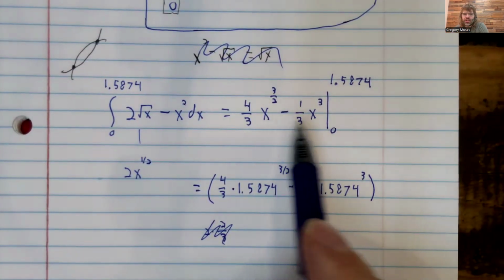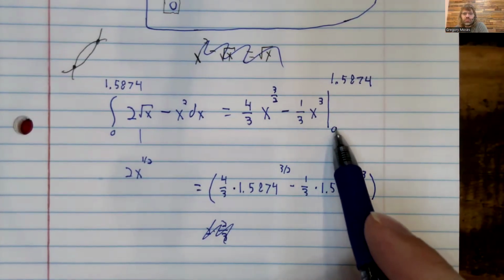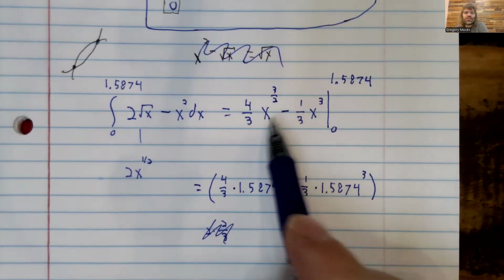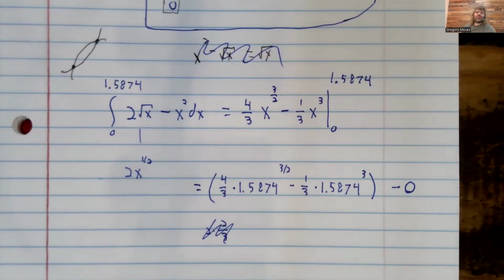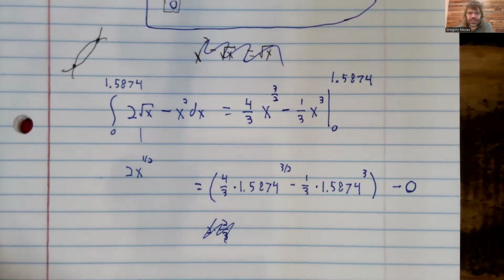The only good news here is that when you plug 0 in, everything just turns to 0. So at least the thing you're subtracting is nice. And let me see if I can real quick find my notes and give you the decimal. It's about 1.3333.